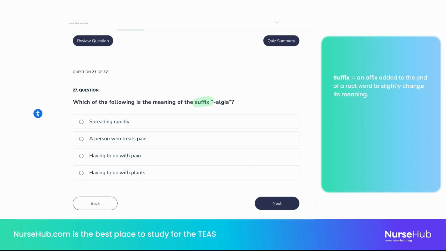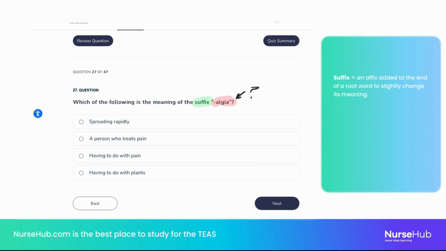Algia. All right, so we are looking at the suffix. I'm gonna make that one a different color just to make it a little bit more clear. Make it red. Algia. Now, I love to ask myself in this sort of question, what words do I know that include that suffix or that ending? Now, I'm not a medical person, right?